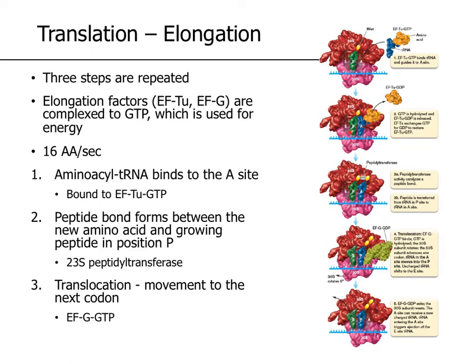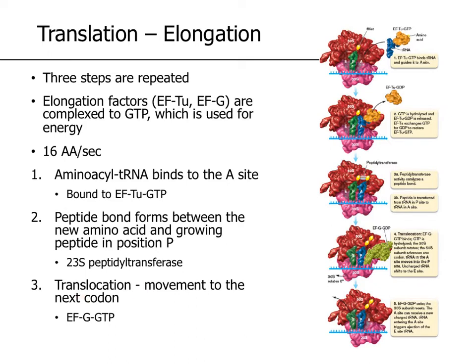Now it is in the correct site, and the peptide bond forms. The 23S catalytic site catalyzes the peptide bond formation, and what happens is it puts the growing peptide chain attached to the A site here.